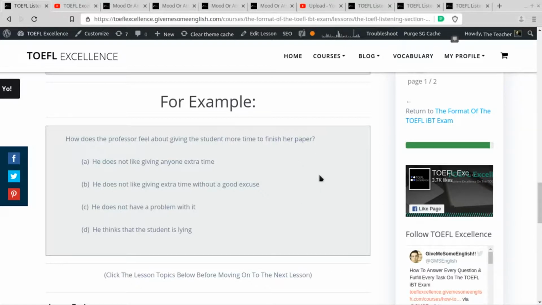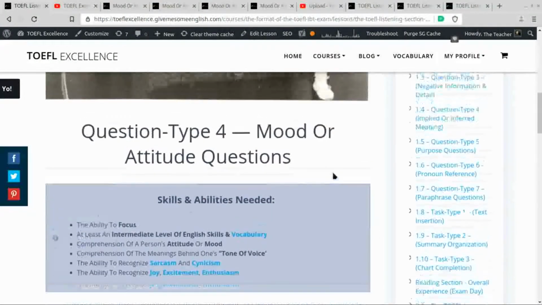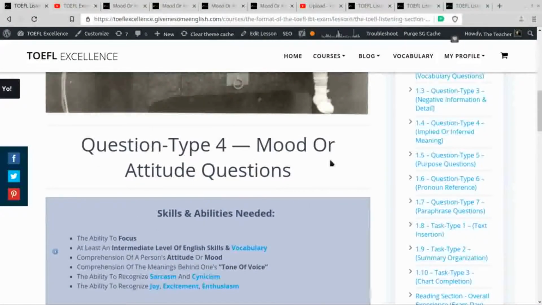That's why this one, as far as the whole organization of the exam, is not really all that clear as far as what question constitutes a mood or attitude question, because some of them have a little bit more about inferring something. Some of them have more about why did they make this statement. So therefore it kind of falls into the category of, almost like a vocabulary question.